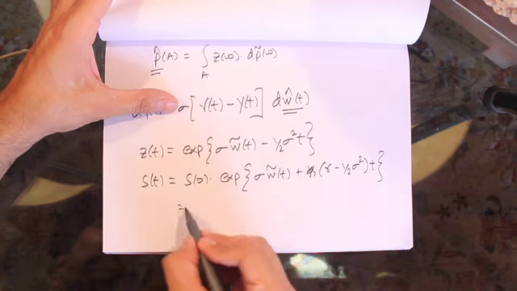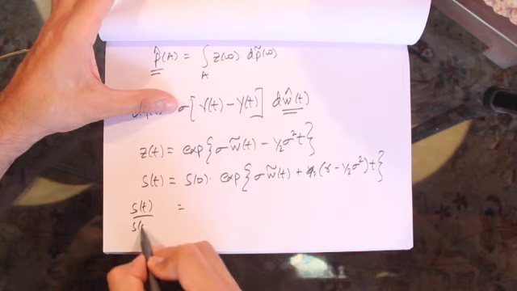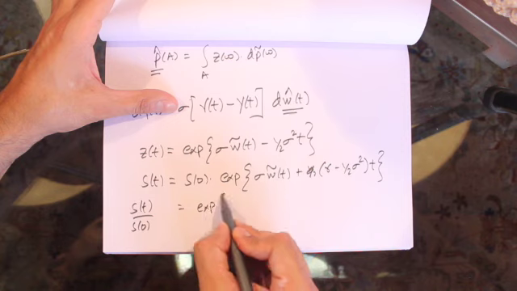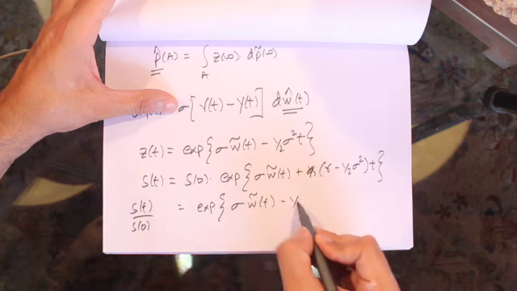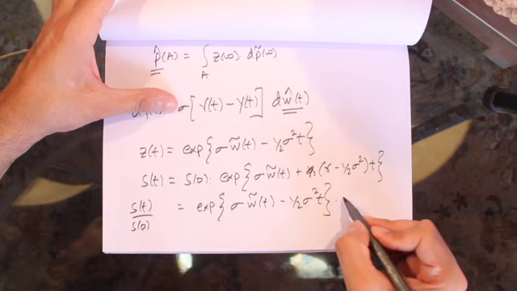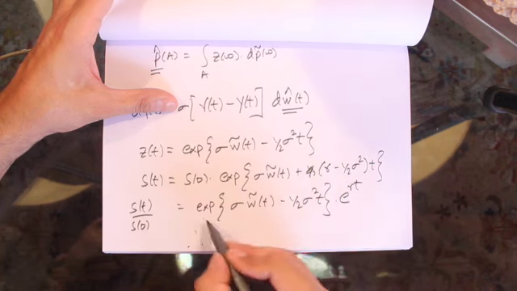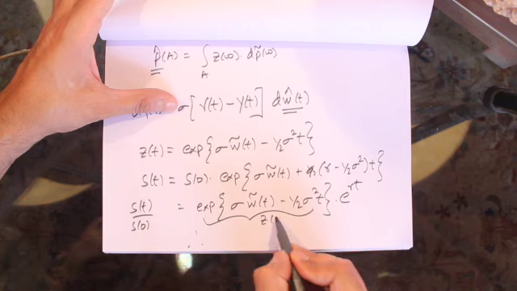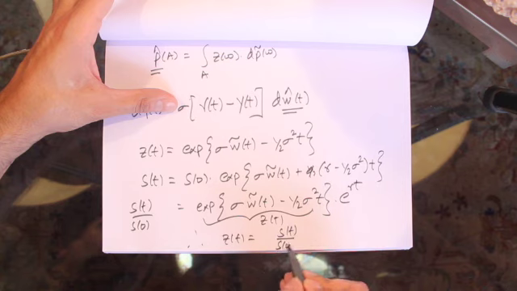From here we can see that S(t) by S0 is nothing but e to the power of sigma W tilde(t) minus half sigma squared t times e to the power of rt, or this is nothing but my Z(t). So Z(t) can also be written as S(t) by S0 times e to the power of minus rt.